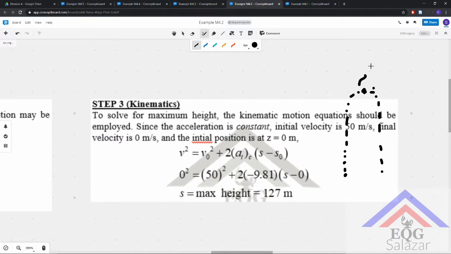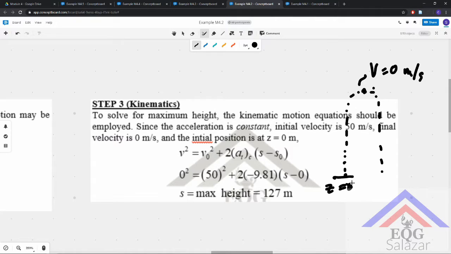So the velocity at this point is 0 meters per second. Its initial position is up to you, but we will take it as z equals 0 at this point. So this will be the datum line.